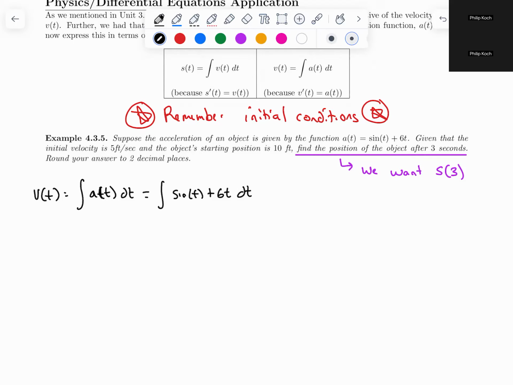Antiderivative of sine: what function do I need to take the derivative of to get sine? Cosine or negative cosine? Negative cosine, because the derivative of cosine is negative sine, so you have to double negative it. So we get negative cosine of t plus 3t squared plus a constant c.